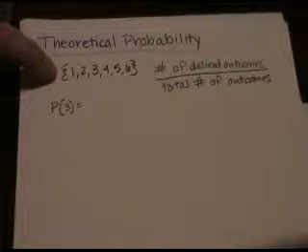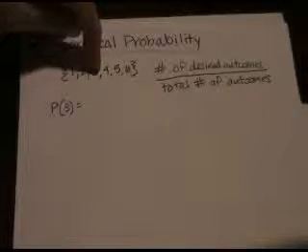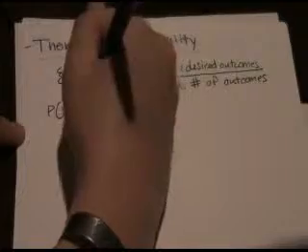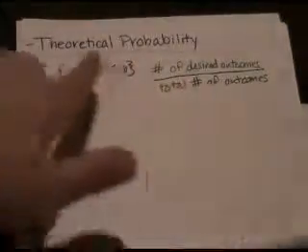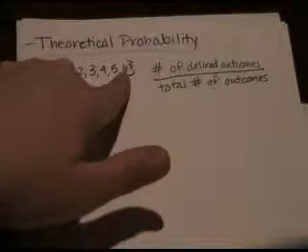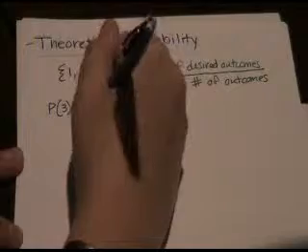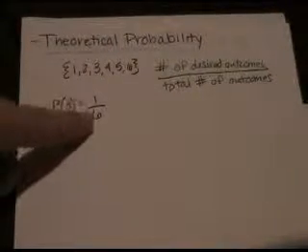How many of the numbers in our sample space are the number 3? Just one of them. So you'd put 1 over the total number of outcomes, which is 6, because there are 6 possible choices. So the probability of rolling a 3 is 1/6.